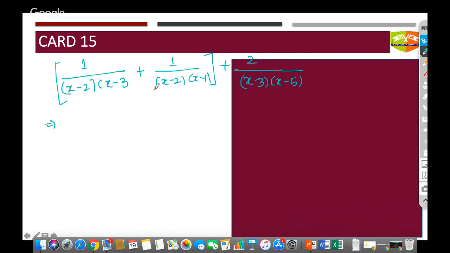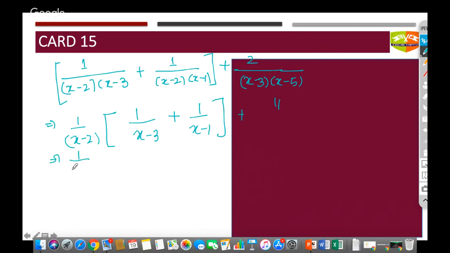Now what I do over here is I take 1 divided by x minus 2 common. What is left with me is 1 divided by x minus 3 plus 1 divided by x minus 1, and I'll write it as it is over here.